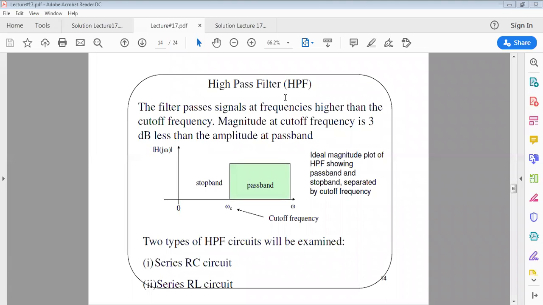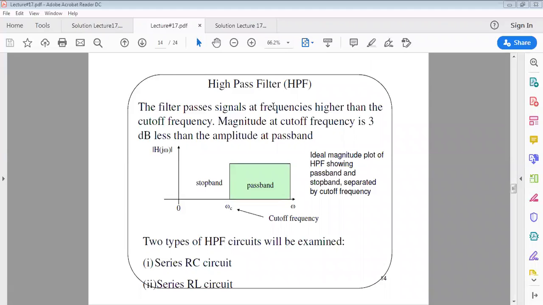Okay, in part 3 of lecture 17, we are going to learn about the second type of filter, which is the high-pass filter. As we have seen in the first type, the low-pass filter, the filter permits frequencies lower than the cutoff and stops frequencies higher than the cutoff.